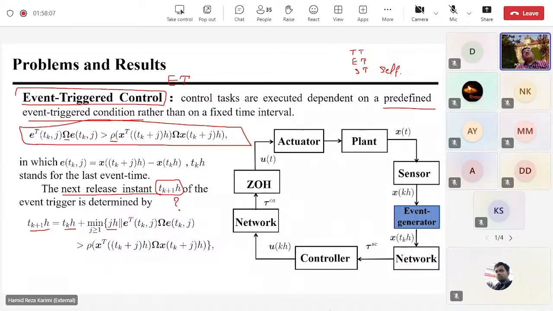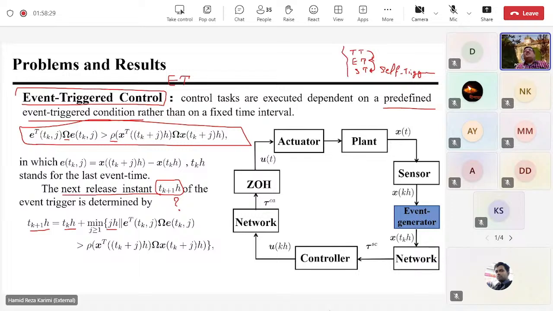It is very important that you know why you choose TT, why you choose ET, or why you choose ST. These are the three different strategies for sending the data over the networks.